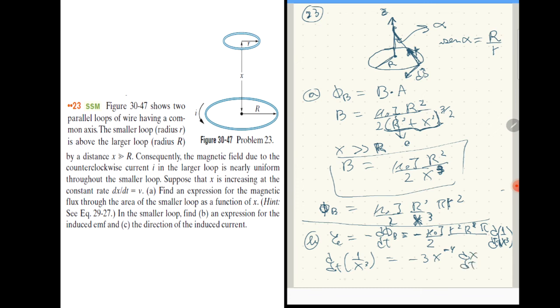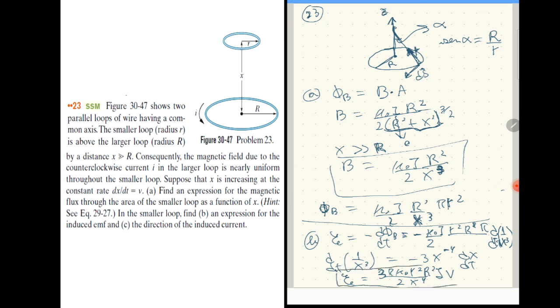So the final expression for the electromotive force will be 3, because you have a minus sign, pi, magnetic permeability, a squared, R uppercase squared, over 2 x to the 4, times the current and the velocity, because the velocity is the derivative of x with respect to time.